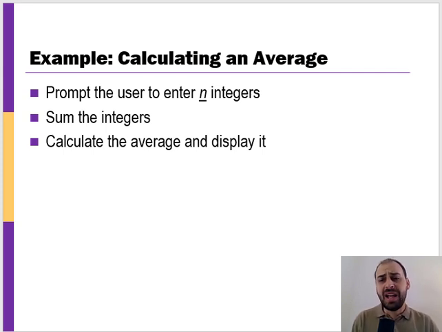We're going to prompt the user to say, "Hey, how many numbers do you want to enter?" We're then going to allow the user to enter a bunch of integers. Based on that initial number, we're going to sum them up and calculate the average. So it's a simple program to calculate the average.